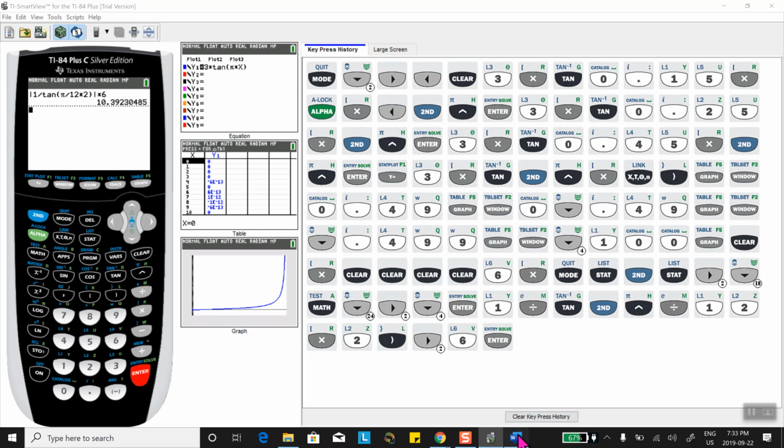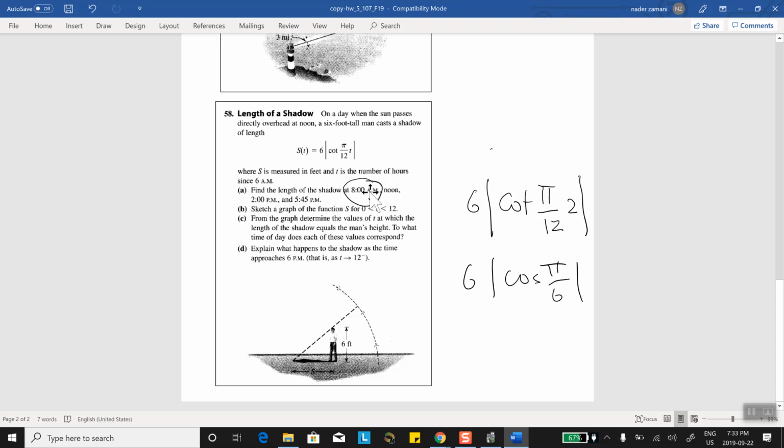And similarly, you can do these other ones. The only thing you have to watch out for is that at noon, it's going to be t equal to 6, because that's 6 hours from 6 a.m. to noon. At 2, you have to use 8. And at 5:45, you don't use 5.45, okay? From 6 a.m. to 5:45, that's 11 hours and 45 minutes.